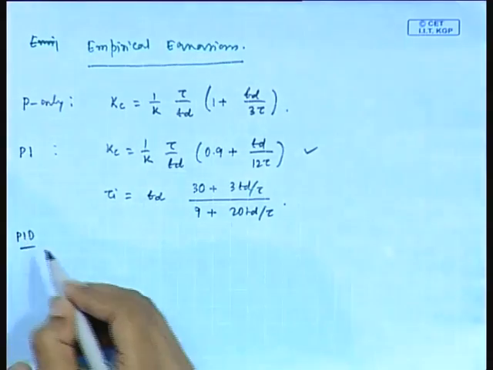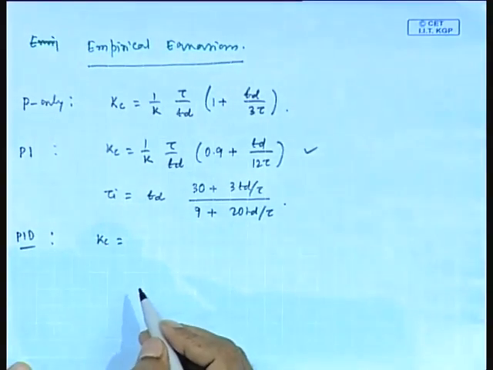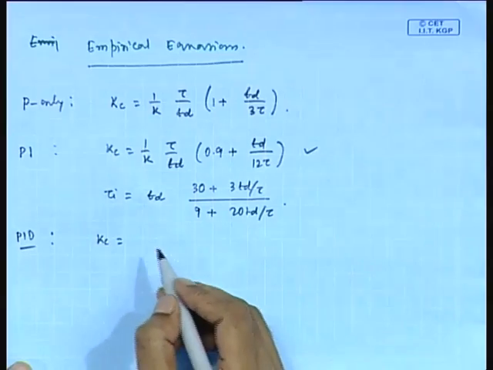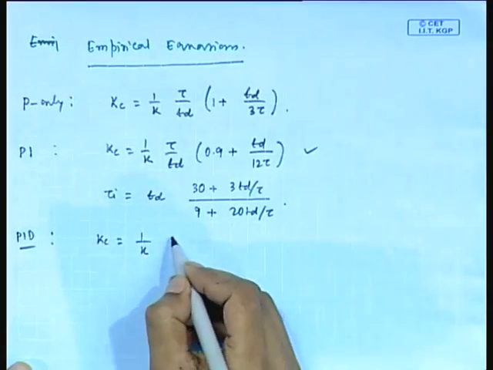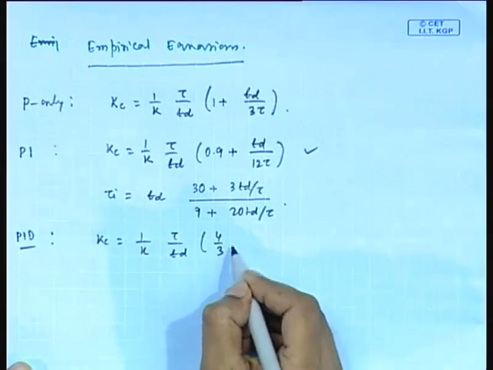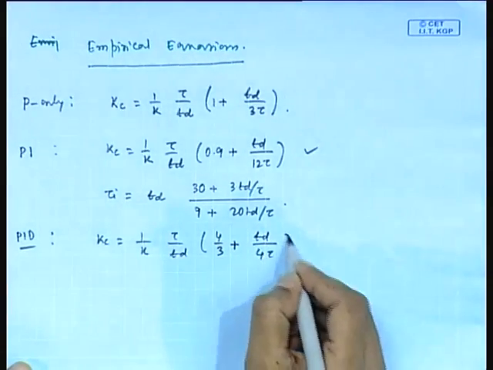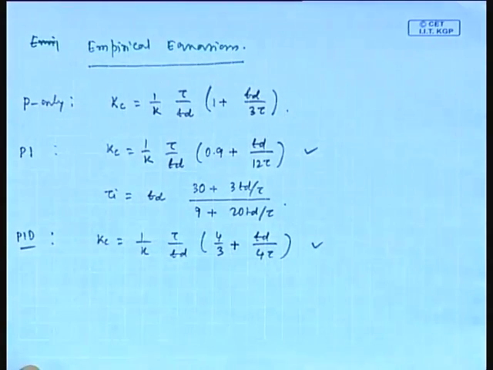For PID controller they derived three equations, one for Kc, one for tau I and one for tau D. This expression they got for Kc.